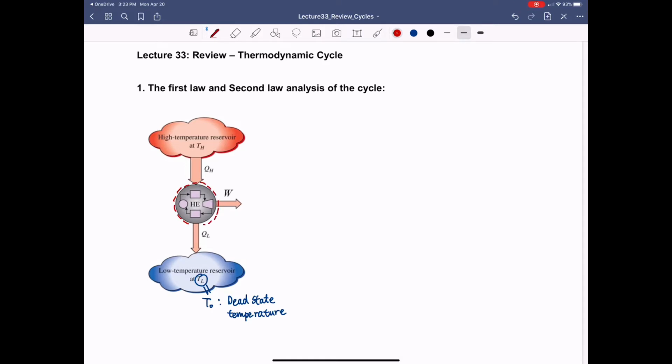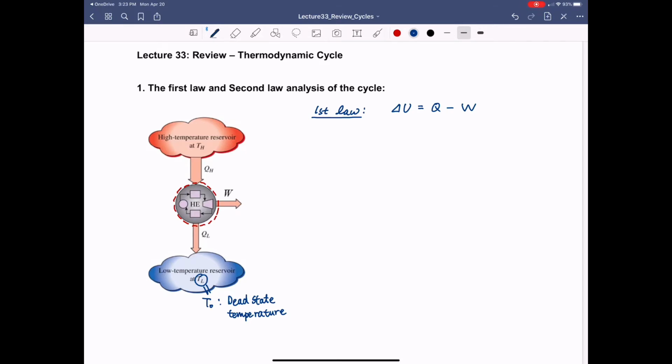Okay, then how can you apply the first law of thermodynamics to that cycle? Now, the first law of thermodynamics can be written as delta U equals Q minus W. Okay, the change of your internal energy of your system is due to the heat transfer or work transfer.